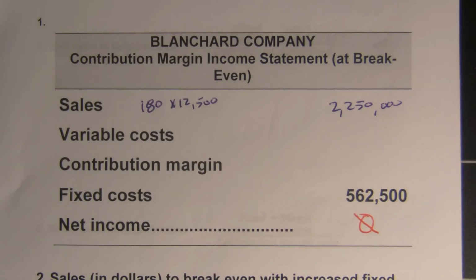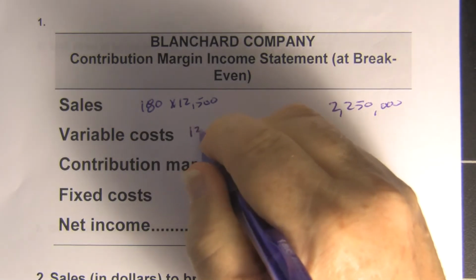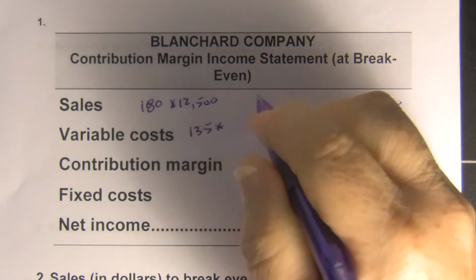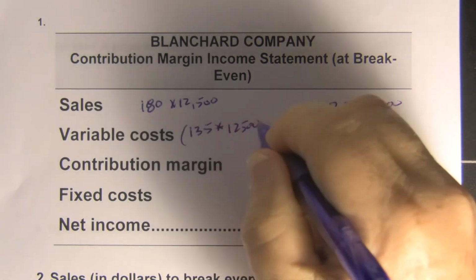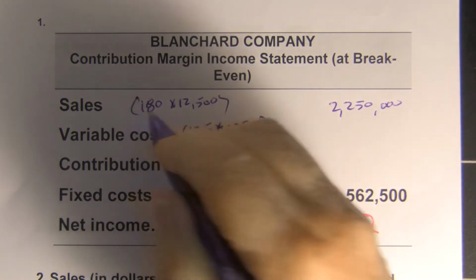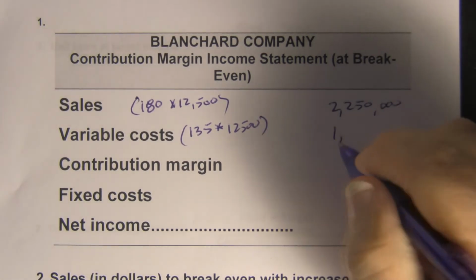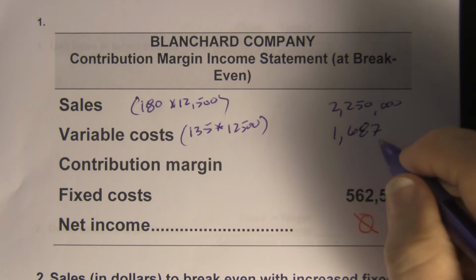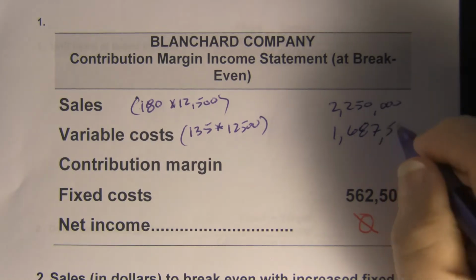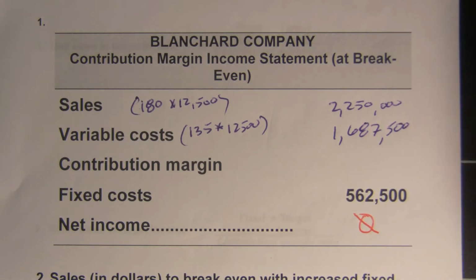The variable cost, they tell us, was $135 a unit, and we're selling 12,500 units. So the variable cost total at break-even point is $1,687,500 worth of variable cost.